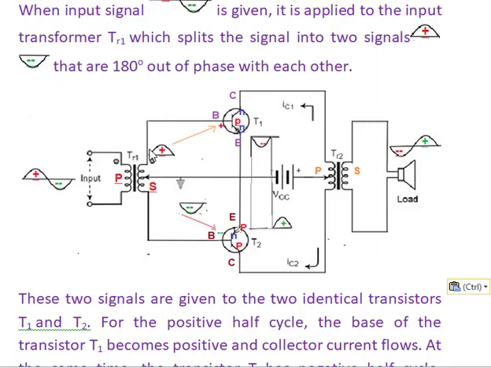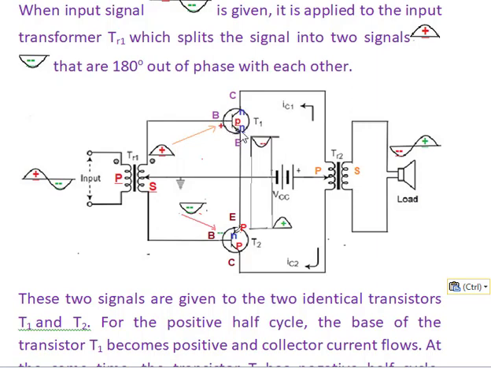For the positive half cycle, the positive half cycle is given to the base of transistor T1. The base of transistor T1 becomes positive, so it is forward biased.